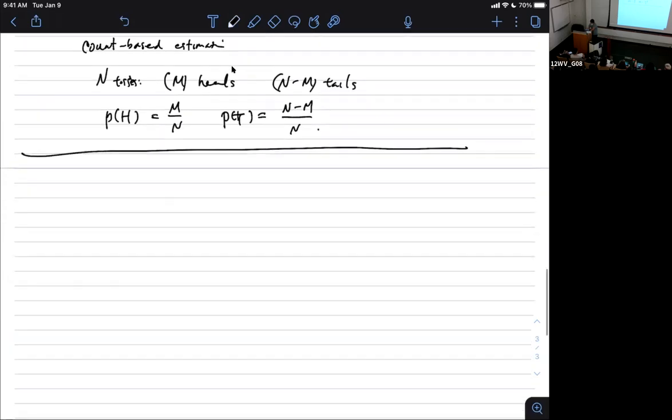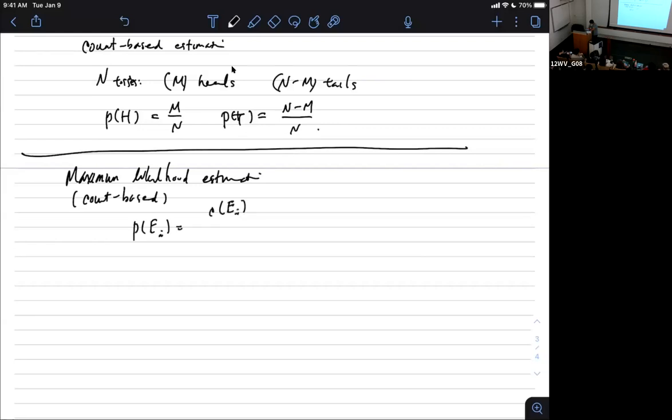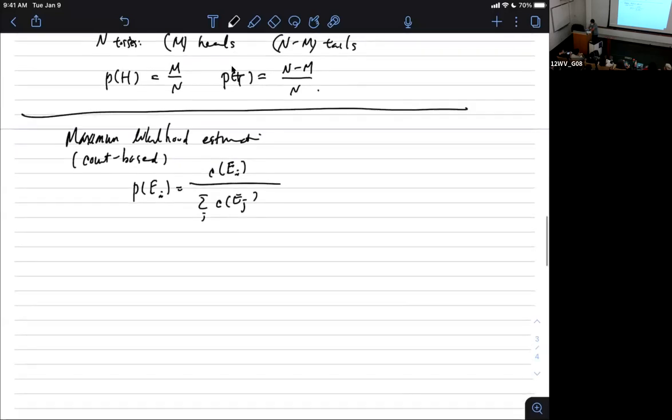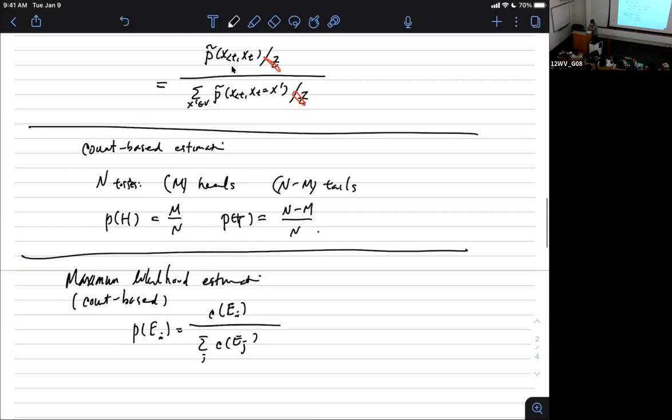So then our maximum likelihood estimation, which actually turned out to be equivalent to count-based estimation when we can, is simply that the probability of some event happening is the count of the occurrences of that event, divided by the count of all the other events, including itself. This is the whole thing, and in language modeling, that is what we're going to do.